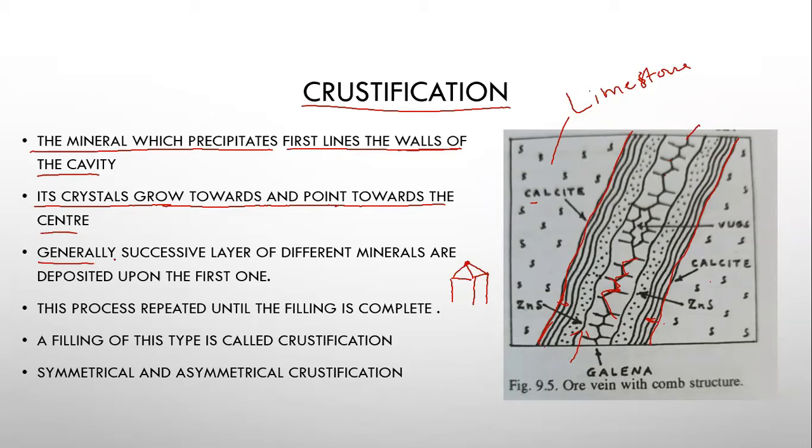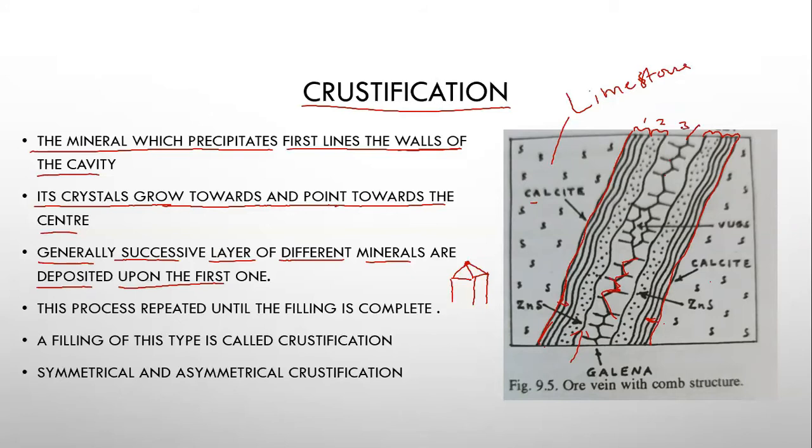Generally, successive layers of different minerals are deposited one upon the other. For example, you can see up to here it is one layer, up to here is another layer, and the same thing here. So this is the first layer, the second layer is depositing upon the first layer, and this is a third layer.